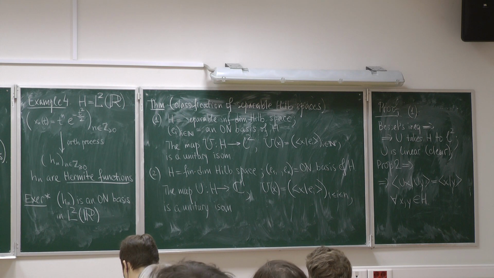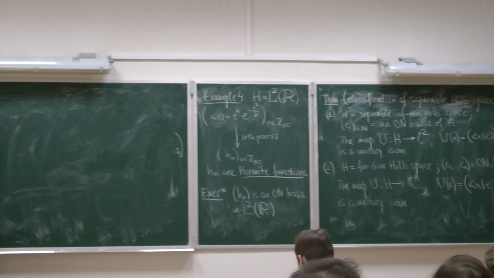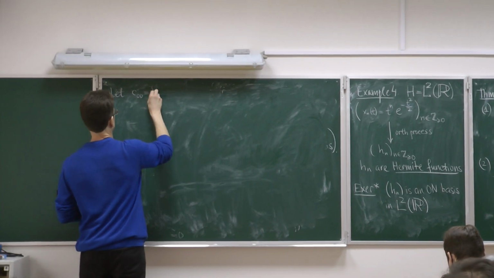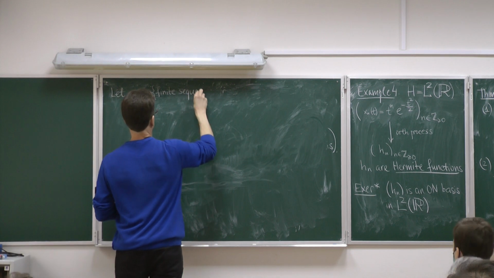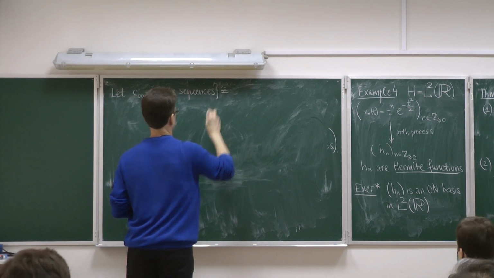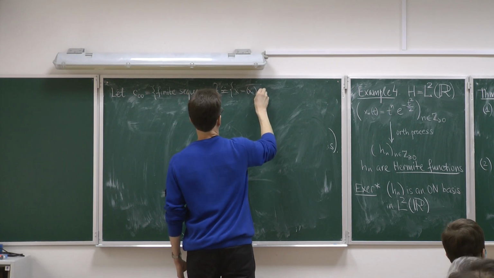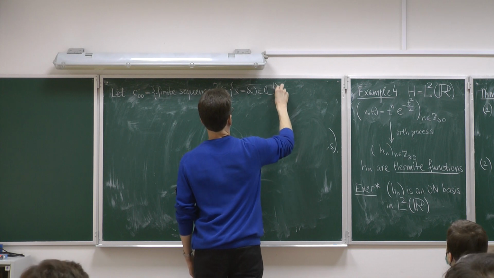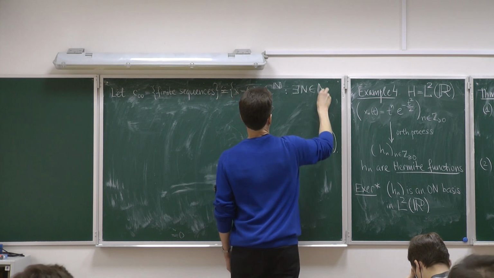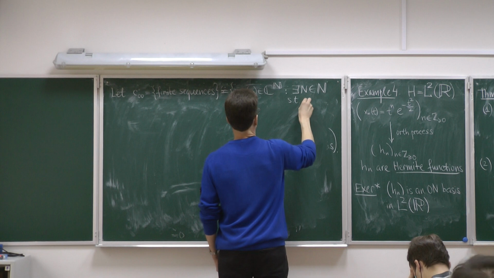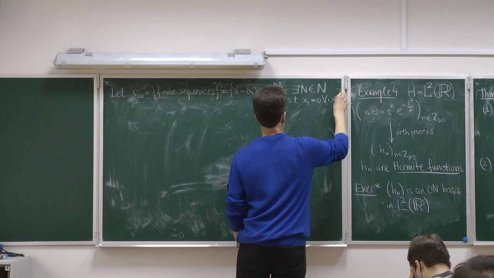Okay, to prove that U is surjective, let's introduce the space of finite sequences. Let c_00 denote the space of finite sequences, that is the space of sequences which are eventually zero. There is n such that x_i vanishes if i is bigger than n.